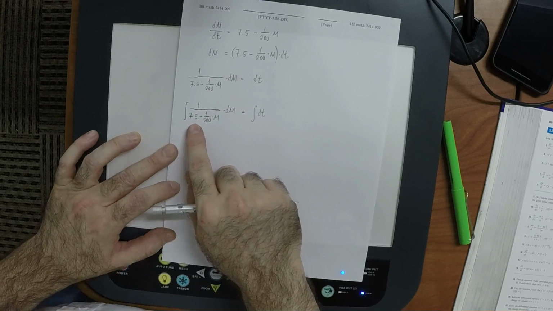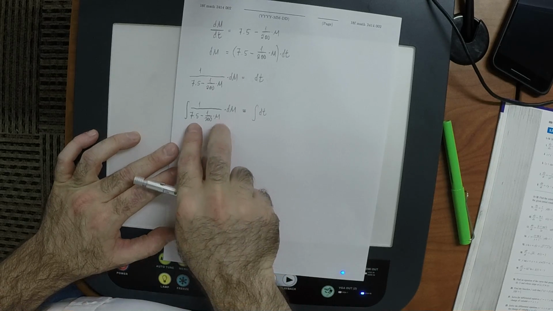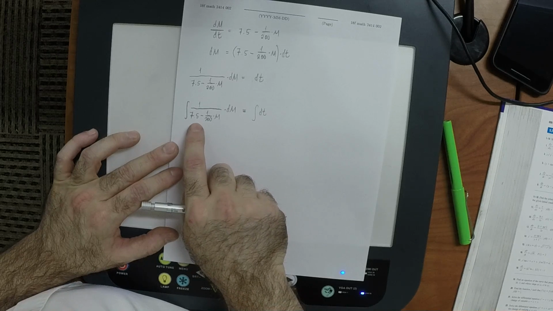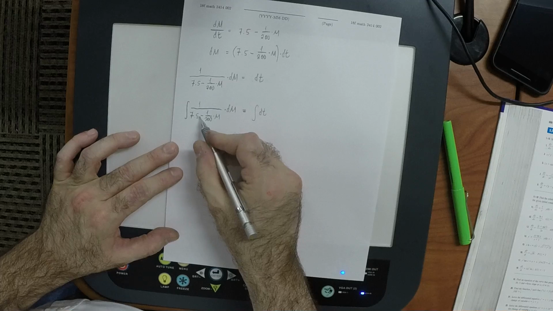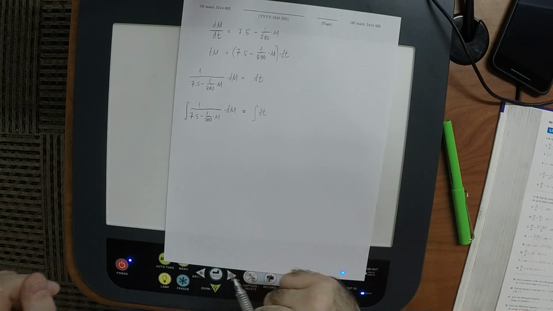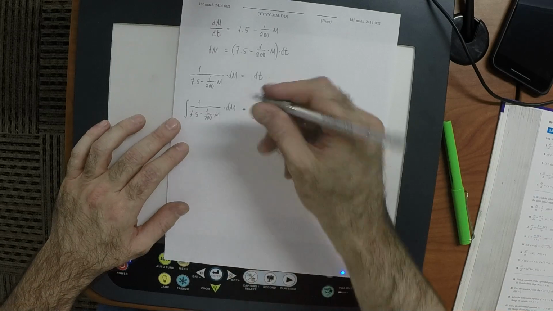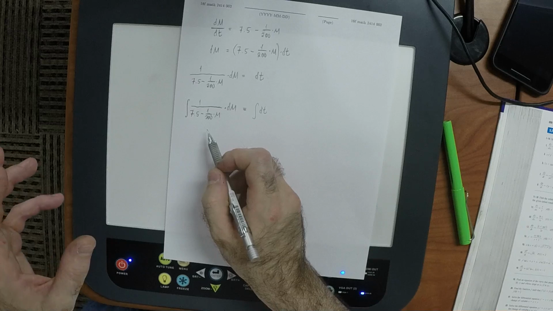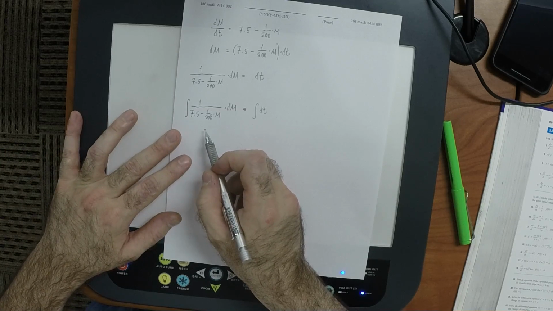Do you observe that if we were to do a substitution, say u is equal to the denominator, then basically we would have this negative 1 over 200 come out as a factor in the substitution. So I claim that when you're comfortable with this, you can anti-differentiate the left-hand side doing the substitution in your head. So what is it?